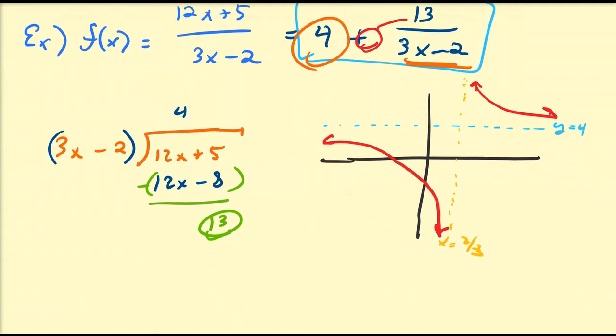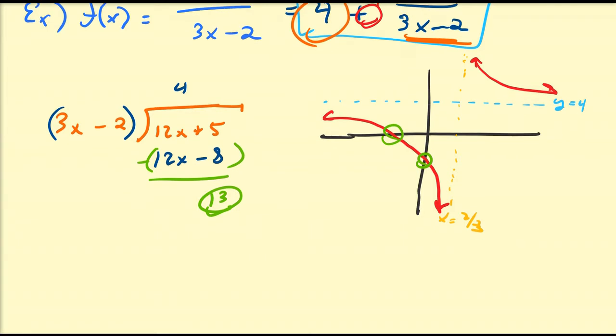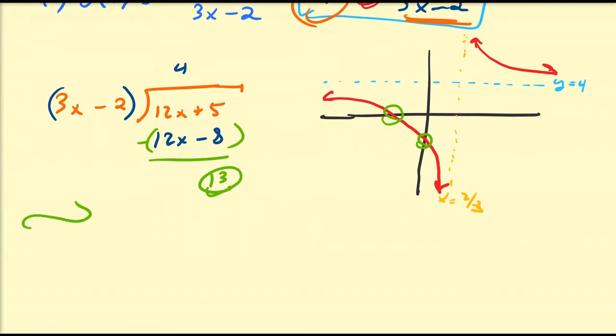Let's add a little more detail to this, and find the value of the y-intercept and also the x-intercept. Let's go for the y-intercept. Typically that's easy to find. Y-intercepts can always be found by plugging in 0 into our function.